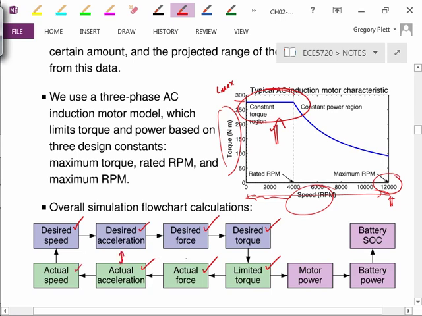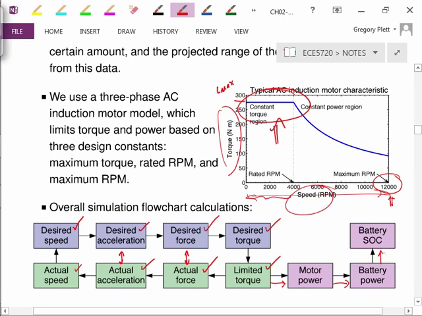Notice that these are comparable to each other, and we have a loop here that is basically a feedback control loop that tries to match as closely as possible the actual achieved profile of speed versus time to the desired speed versus time. In this simulation, the torque that the motor produces requires a motor power, and that will require a certain battery power, which will then change the battery SOC accordingly.